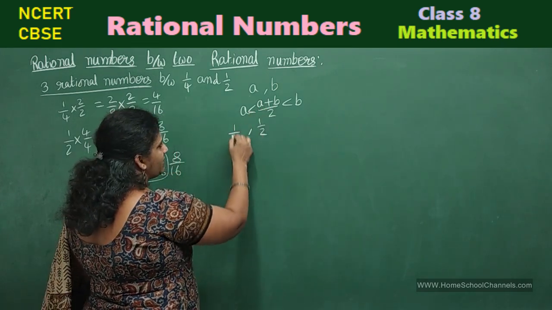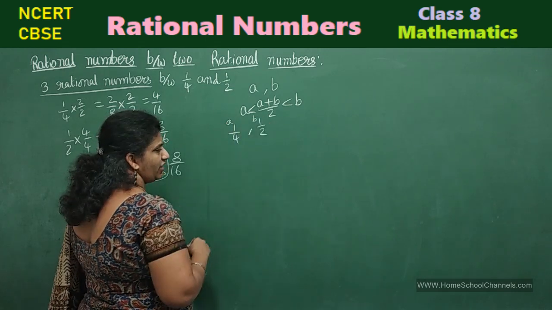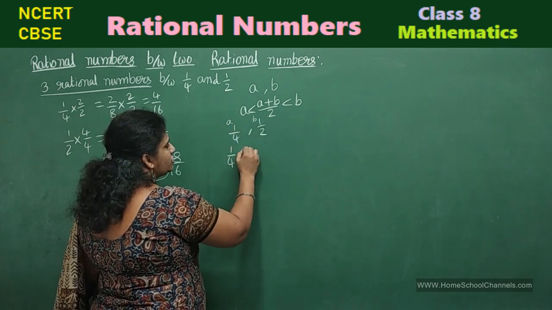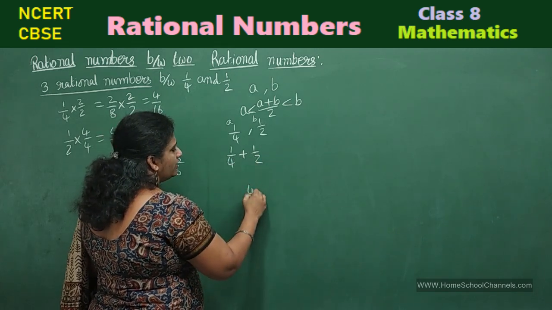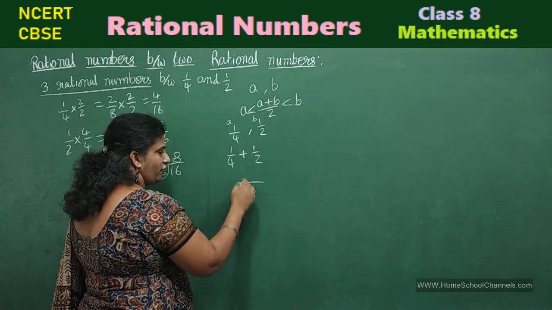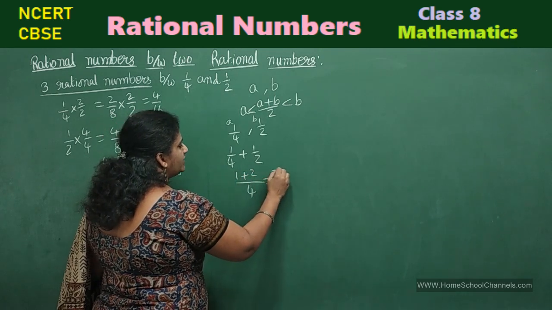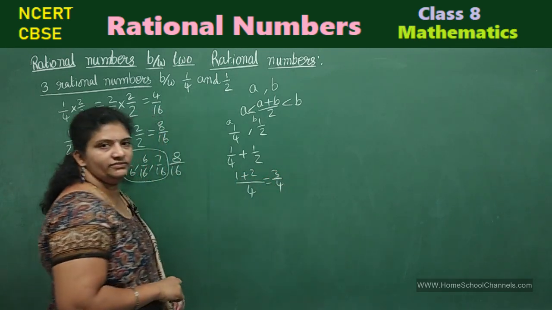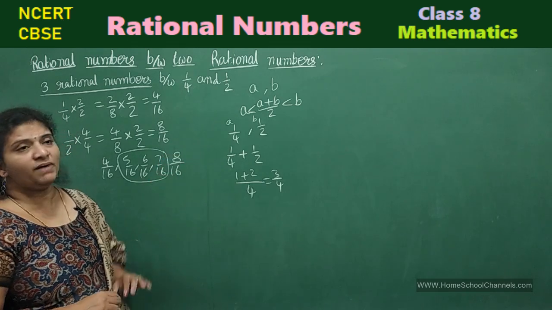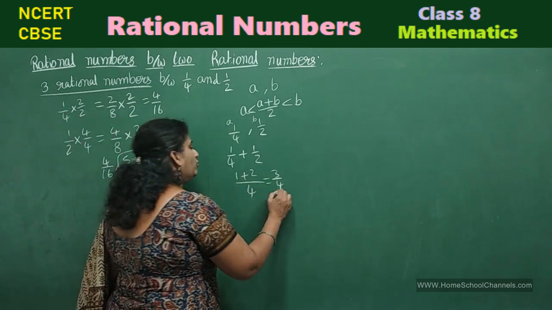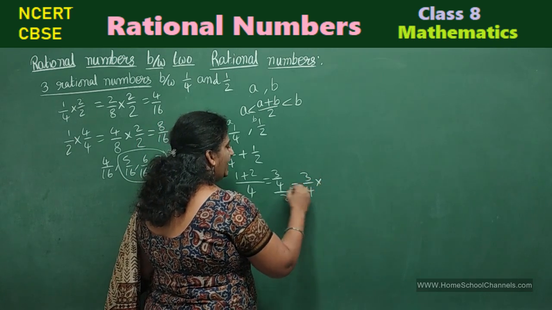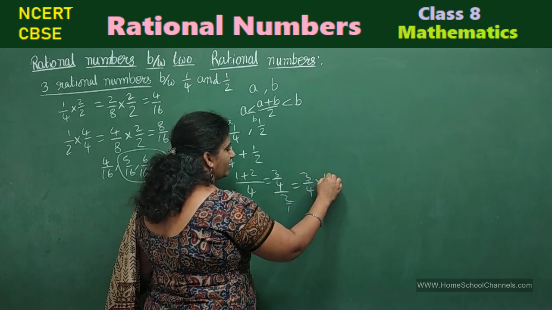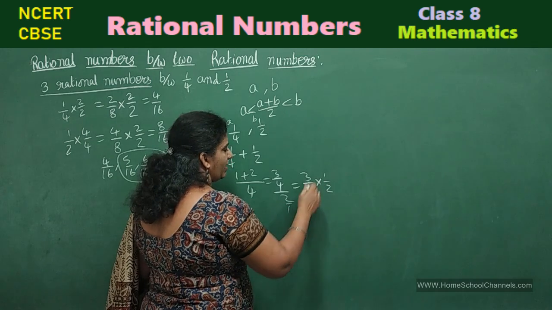What is (A plus B) by 2? This is the A value, this is the B value. Add these two. LCM of 4 and 2 is 4, 1 plus 2, 3 by 4 you are going to get. Then 3 by 4 by 2 means 3 by 4 into 2 by 1, so take the reciprocal and multiply.